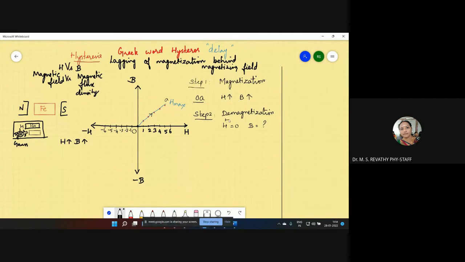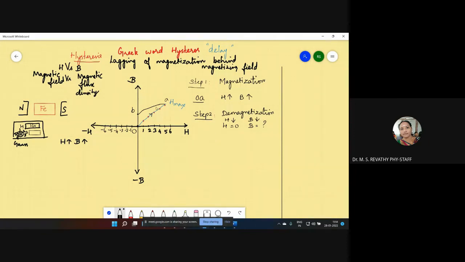So I will decrease H. As I decrease H, B also decreases. But now this B will not go to 0; it goes to a point somewhere on the y-axis. Let it be point B.